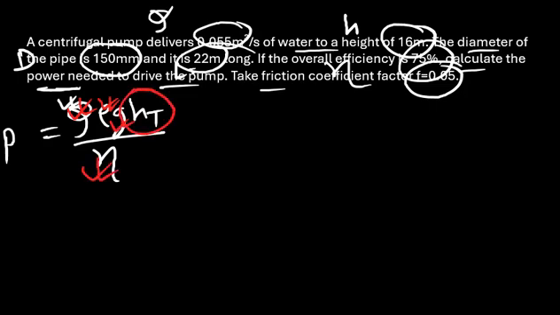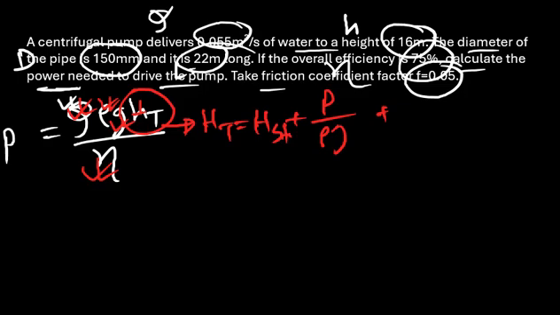Right, the total height we can find from the Bernoulli equation: HT, or total height, equals static height plus P squared divided by rho G, plus V squared by 2G, plus the friction head HF.